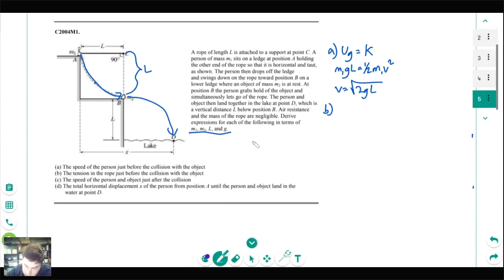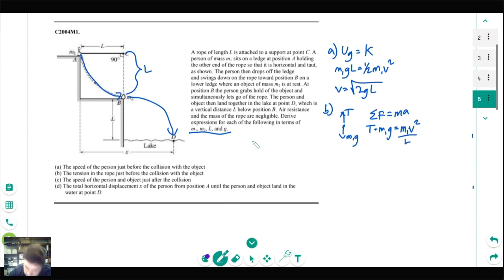Part B, the tension in the rope just before we collide with the object. Similar to beforehand, we have 2 forces on this rope: tension going up, gravity going down. The sum of those forces must equal MA. Tension's got to be bigger, and we're going V squared over R, where the radius is the length here.